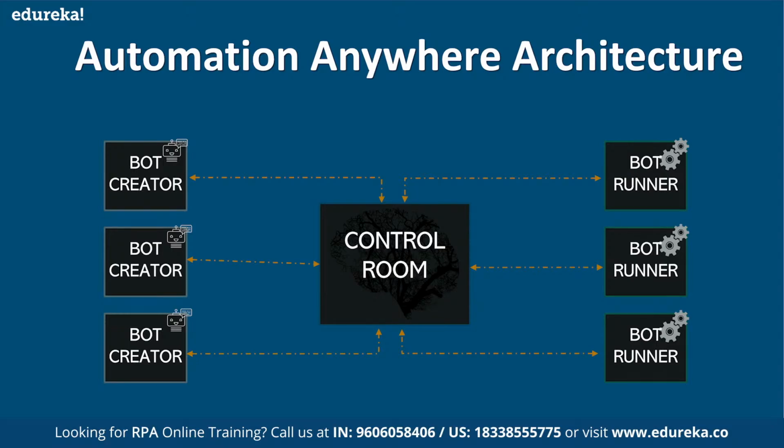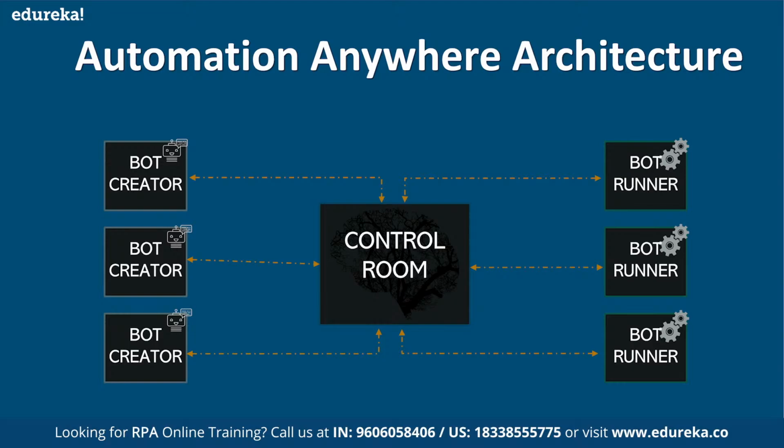One is bot creator and another is bot runner, right? So bot runners are those machines on which we want our automation to run, right? So let us say there is some automation that was required. So I created that automation and I want now that automation should run on a particular machine. Bot creators, on the other hand, are the machines, right, where I do the development, right?